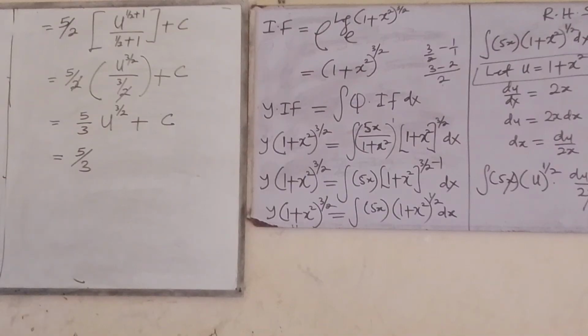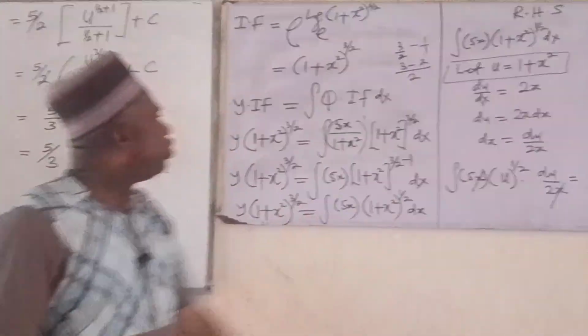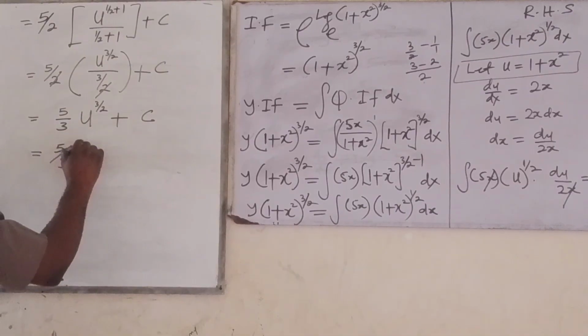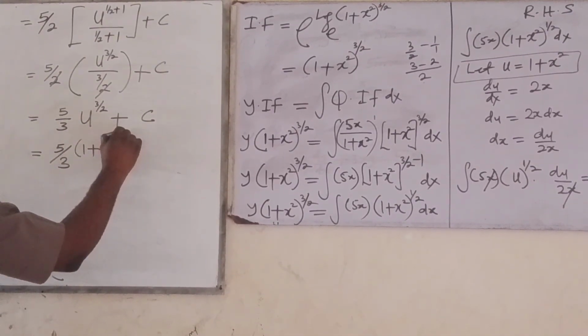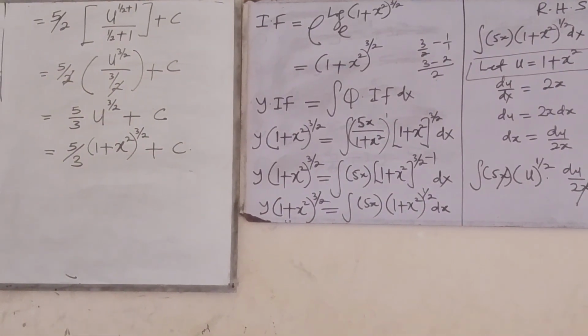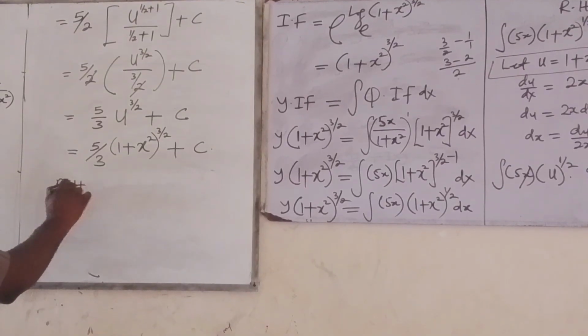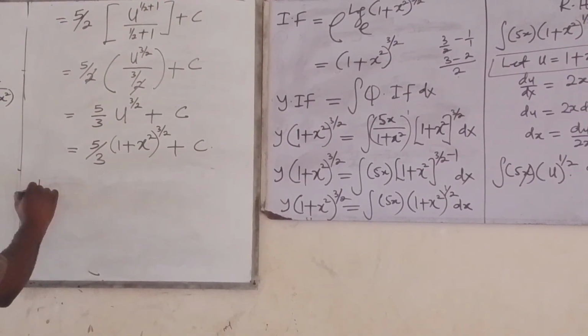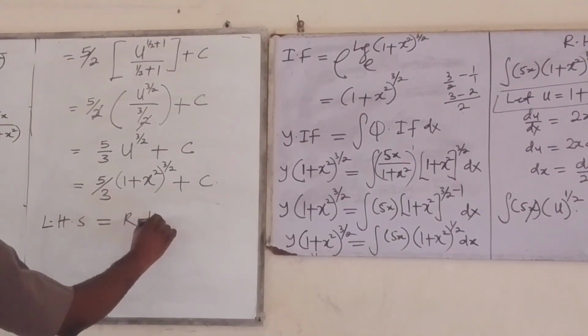Now recall, we said let u be equal to 1 plus x squared. So here we have 5 all over 3 in brackets 1 plus x squared raised to the power of 3 all over 2 plus c. Remember, the left hand side is equal to the right hand side.